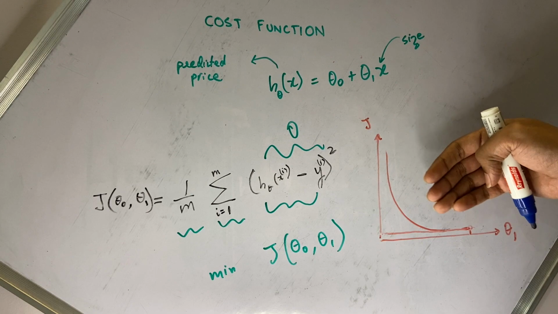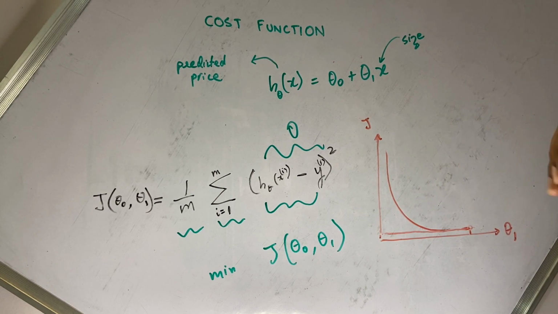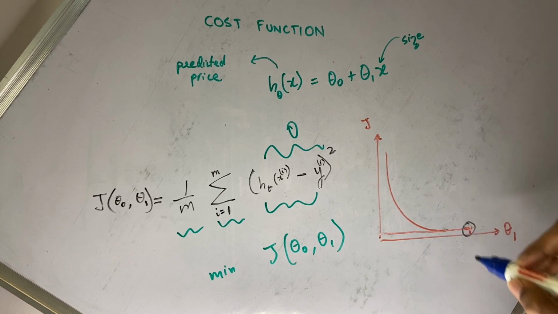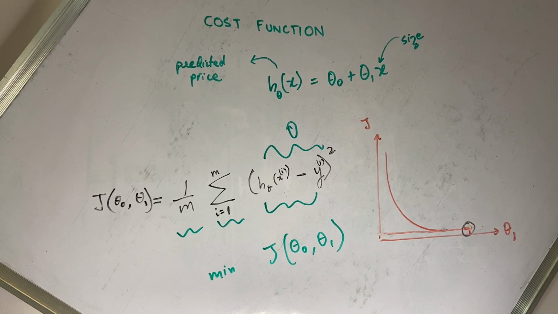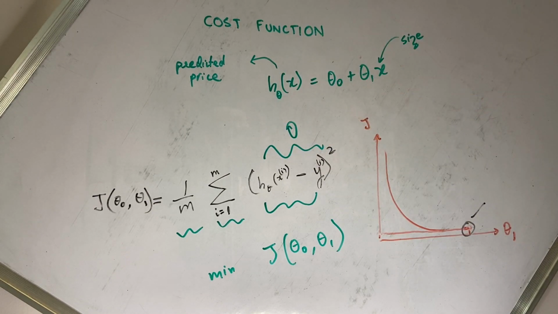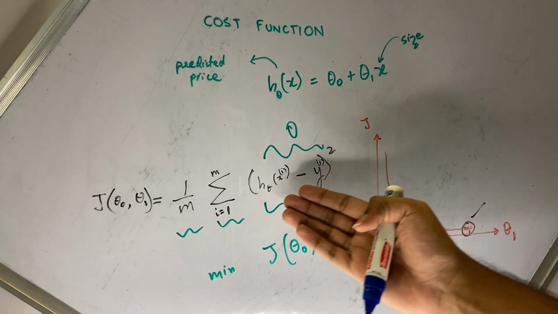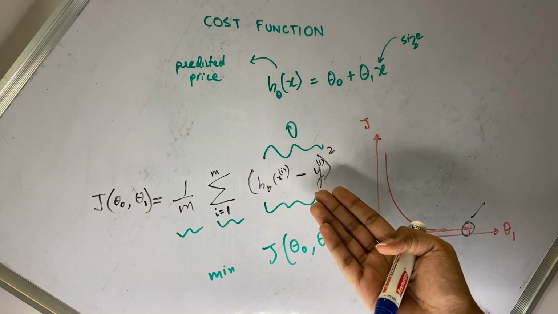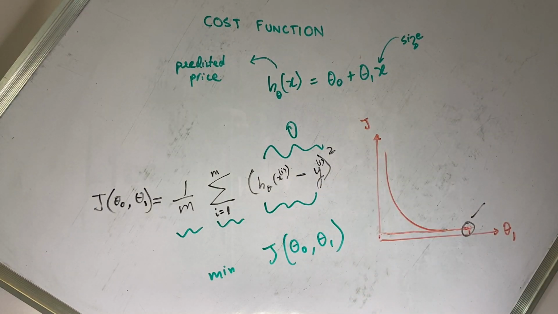So when the cost function is at the bottom, that is, its value is at the minimum, it means that we have succeeded in fitting the model. When the cost is at the global minimum, it means that the prediction would be much closer to the actual value. So the difference between the predicted value and the actual value will be very less.